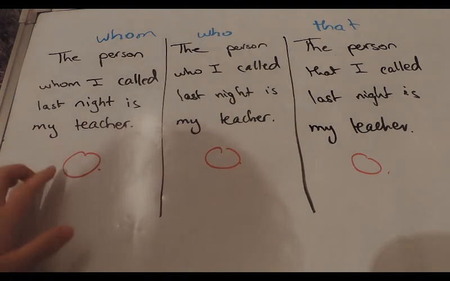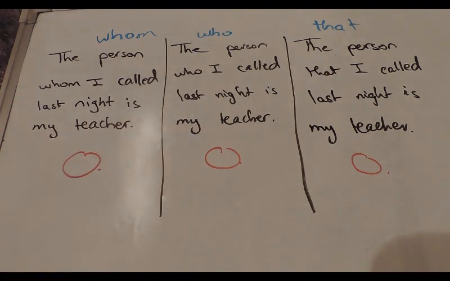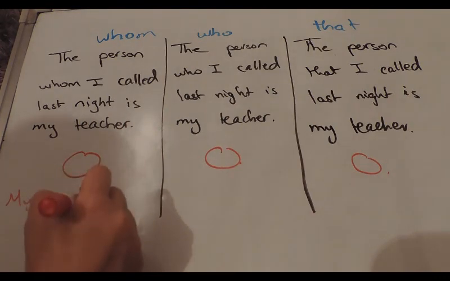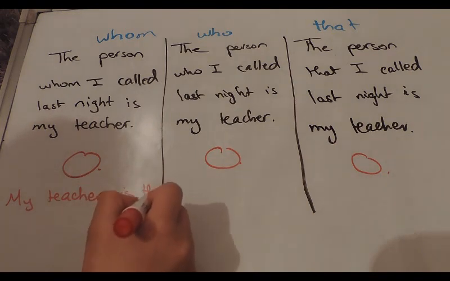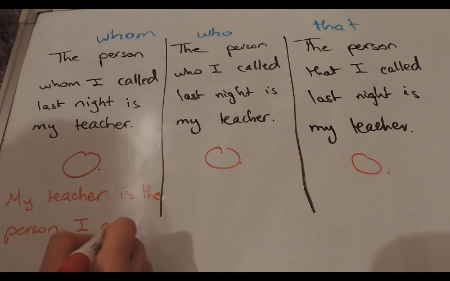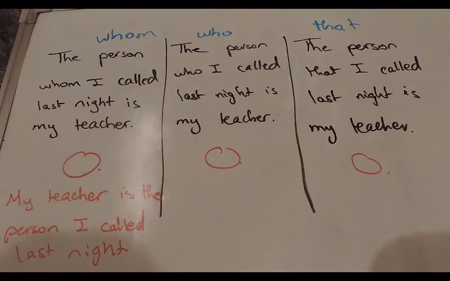Meaning, the person whom I called last night is my teacher. Let's paraphrase or rearrange the sentence to be, my teacher is the person I called last night. Right or wrong? Let's take this sentence. My teacher is the person I called last night.